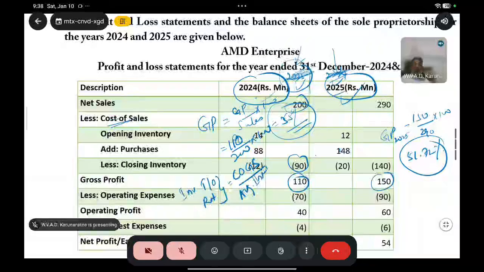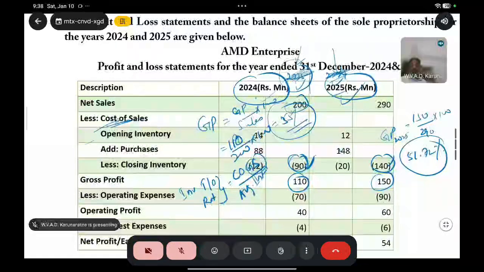The cost of goods sold is obtained by reducing this particular closing inventory. Closing inventory, right? And this answer is 90. In this case, answer is 140. This is the cost of goods sold, right?